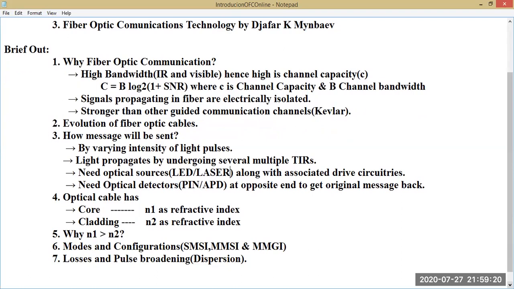Mode refers to the path that the light ray in the optical fiber cable is going to take. It means that for this light ray, the optical fiber cable is providing many paths, starting from the path which exists on the fiber axis, to the paths which exist away from the fiber axis.